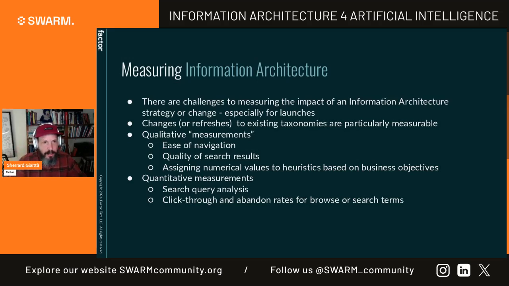I would start by noting what are the business objectives that you have. Is the customer experience related to those objectives? Then pull a walkthrough and see how well the customer experience actually aligns with the goals of those business objectives.